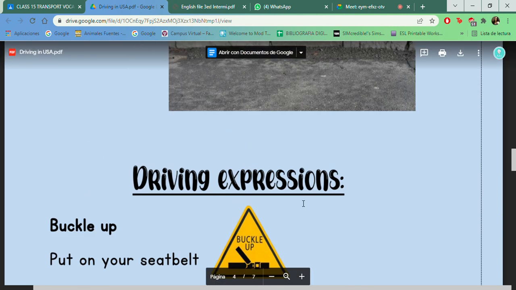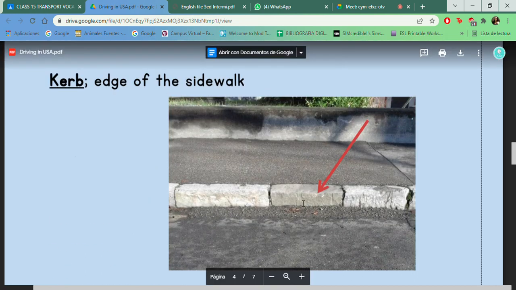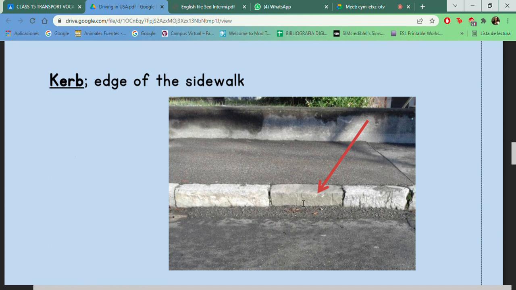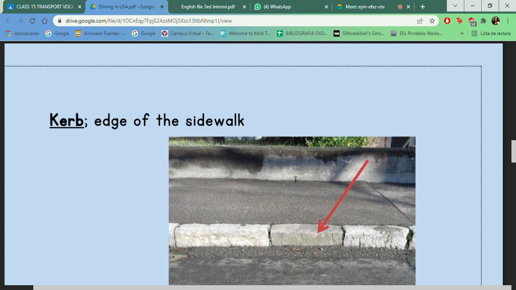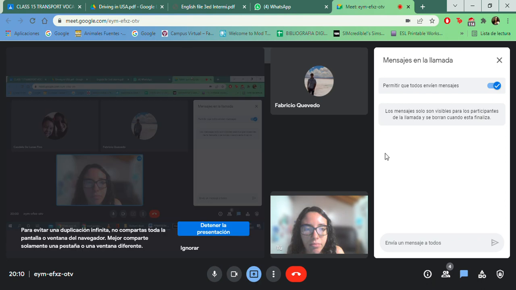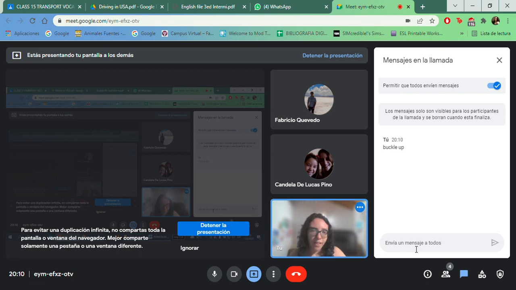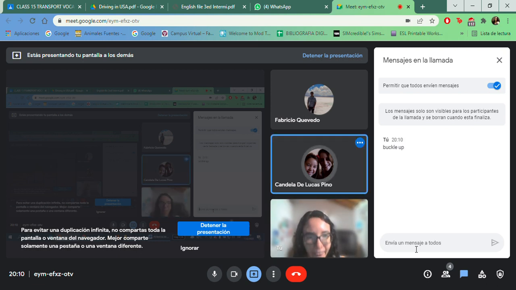Buckle up is an American expression. Buckle up. Yes. It's an American expression, not British. No, it's American. May you write it? Because I don't know what it is. Buckle, buckle up. Okay.